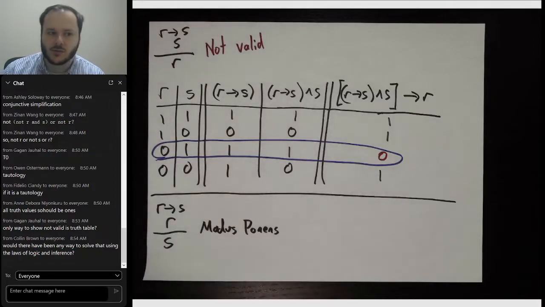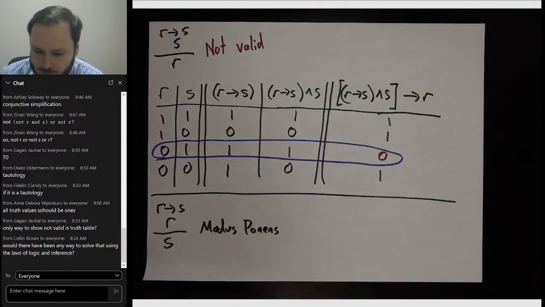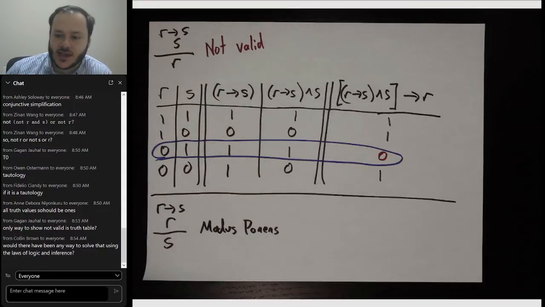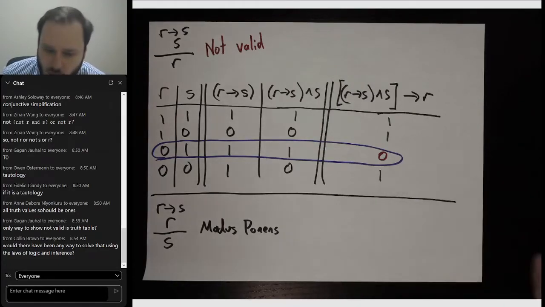And this is what makes them hard. Using laws of logic and laws of inference, you can only prove things that are valid. There's no way to show something is not valid using them, because you can just say, okay, well, I tried this and it didn't work.